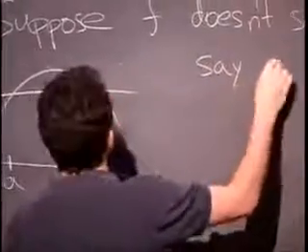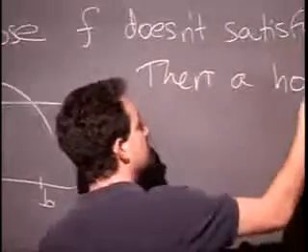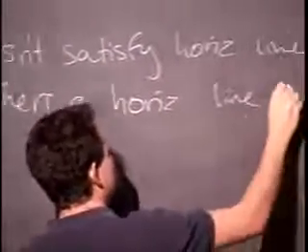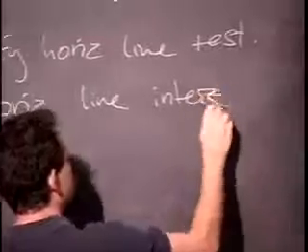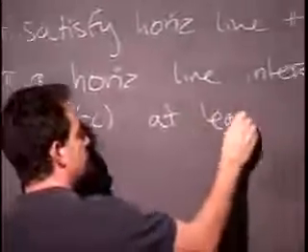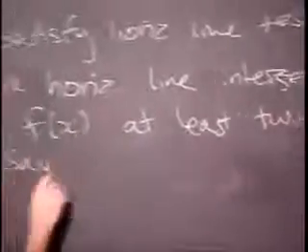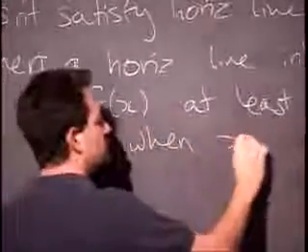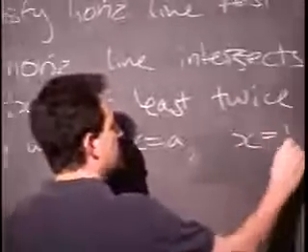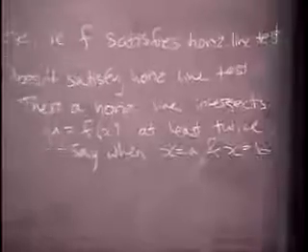So let's say a horizontal line intersects the curve y equals f of x at least twice, say when x equals a and x equals b. So on this picture, I have shown a horizontal line.